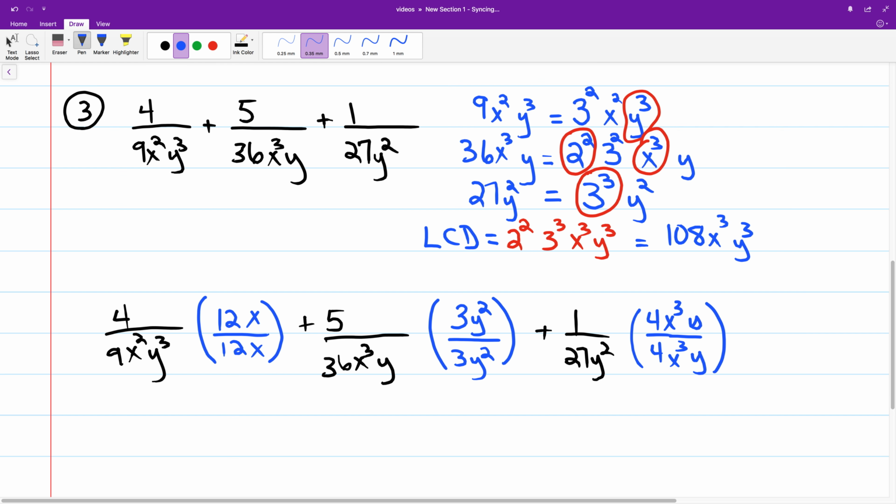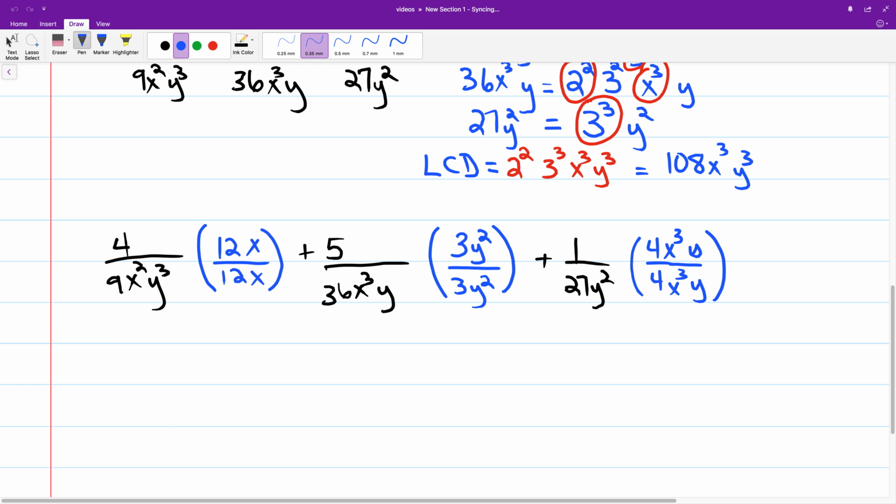And so in rewriting the fractions, for the first ratio, you have 4 times 12x, so this will be 48x. 5 times 3y squared, this will make 15y squared. And we have plus 4x cubed y.